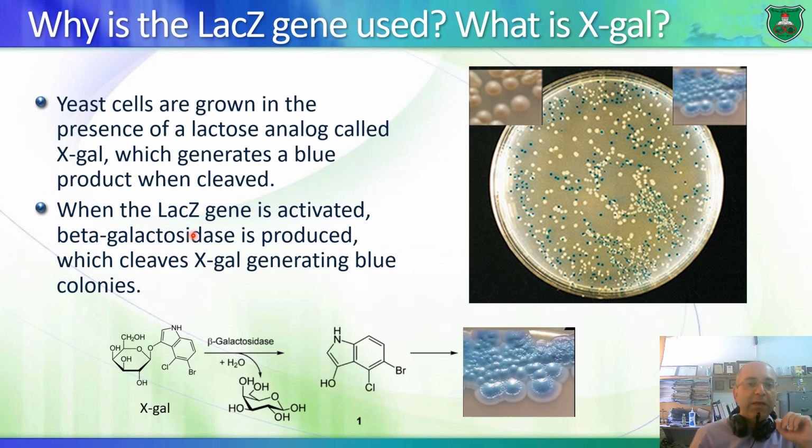It is a substrate, a molecule known as X-gal. It looks like lactose, but it has a special feature. When galactosidase cleaves the molecule, it produces a product that gives a blue color.